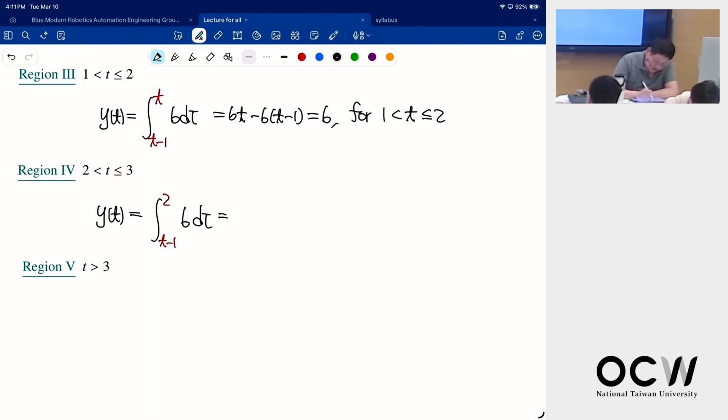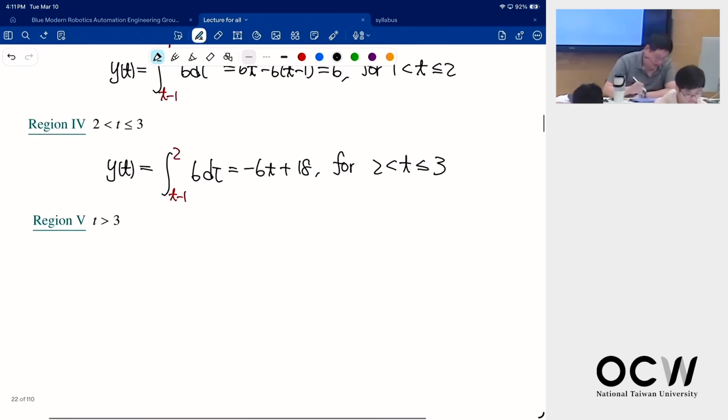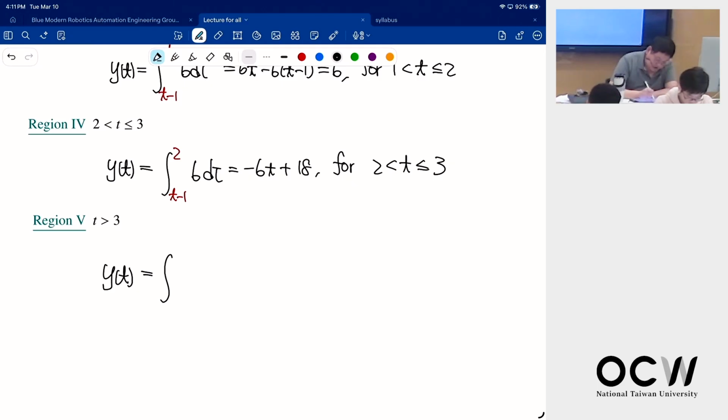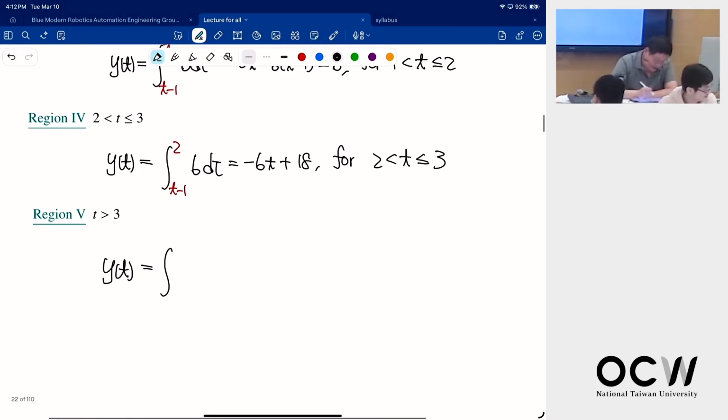So we have minus 6t plus 18. This is for t between 2 and 3. And the last one, here we don't have overlap, so actually this is 0. We don't need to put whatever here because it is 0 for all t greater than 3.